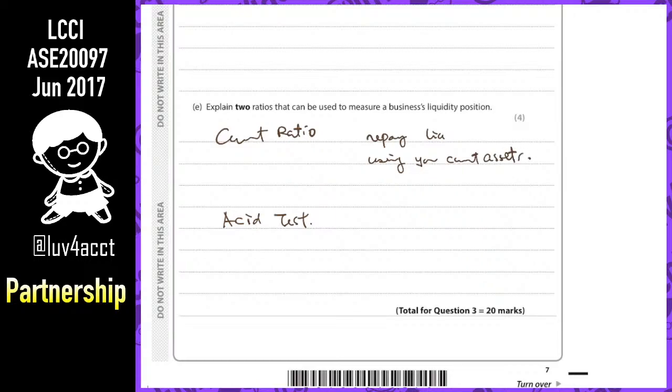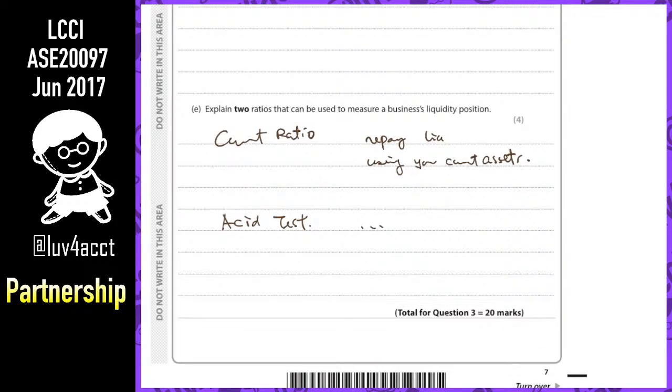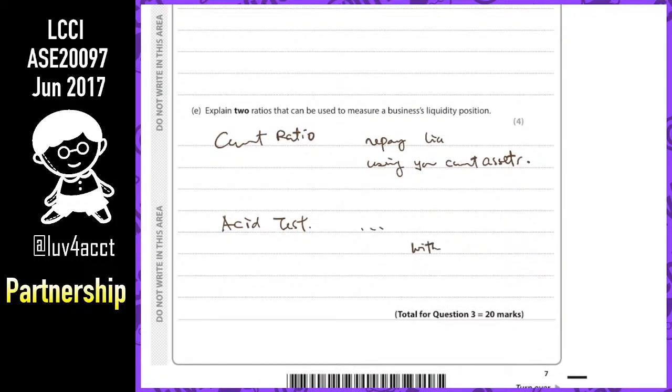The other, the same, is whether you can repay your liabilities without liquidating inventory, without the need to sell your inventory. This one is a more rigid requirement on the amount of cash and current assets you have for the repayment of liabilities.